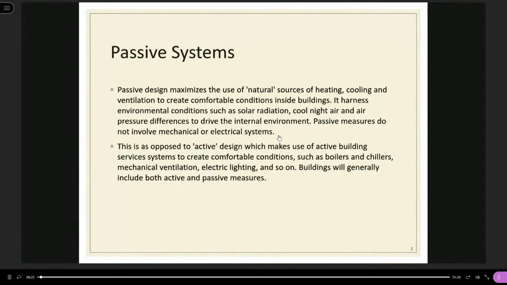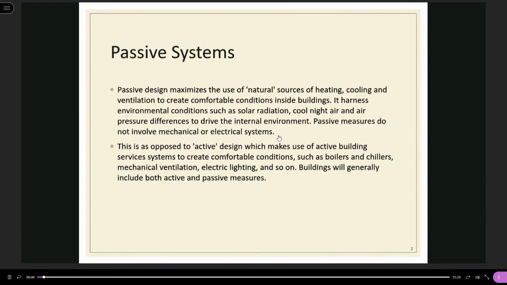So passive design maximizes the use of natural sources of heating, cooling, and ventilation to create comfortable conditions inside the building. So what does it mean by natural sources of heating? Like the sunlight is the source of heat.